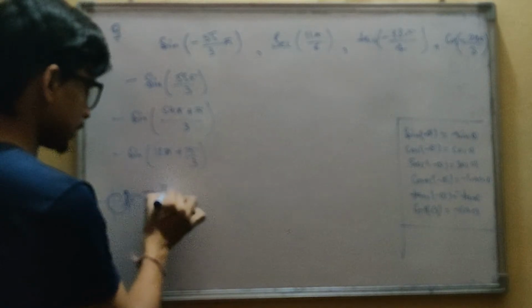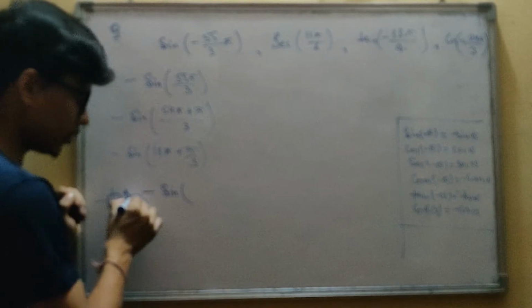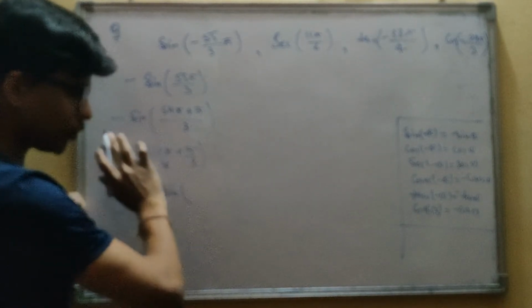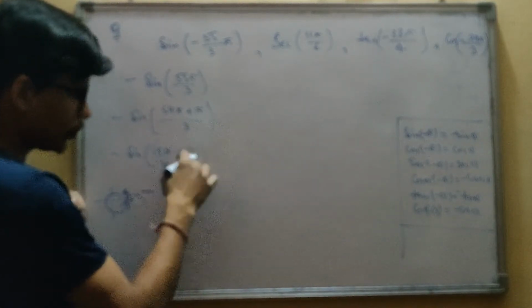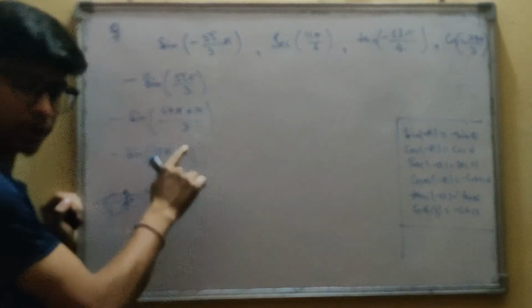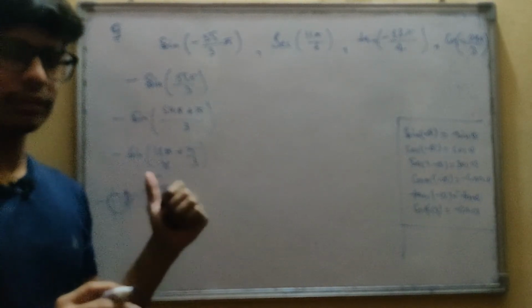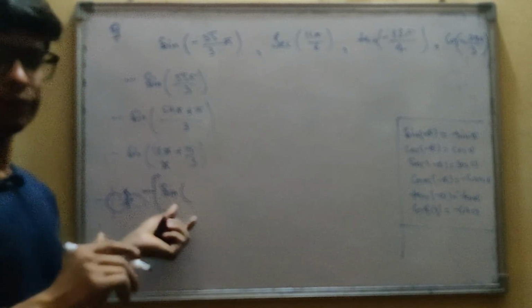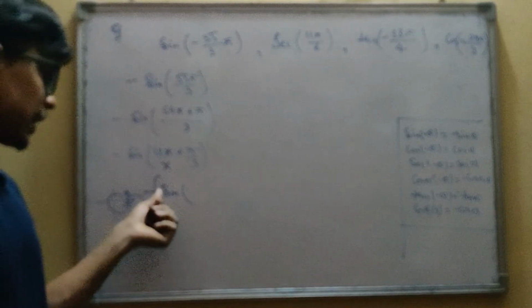Now, if you have reached 18 pi, then you have to discard it. You don't have to consider it. After adding plus pi by 3, you get that. So this minus is because of the earlier step, and in the first quadrant the sign is positive, so you don't have to put any sign. In the previous questions, if after adding, the particular trigonometric function was going to be negative, then I had to put a negative sign.